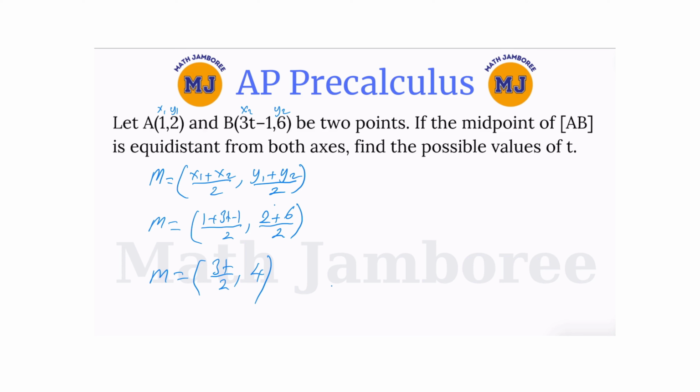In this question, since they said that the midpoint is equidistant from both axes, what does that mean? I want you to have a better understanding of this. Let me show you. For instance, let's say this point's value for x can be anything.